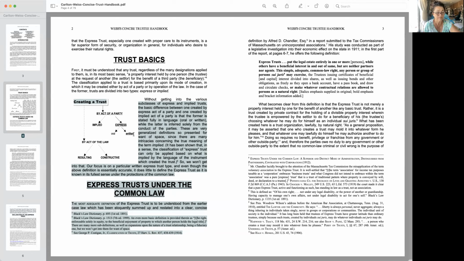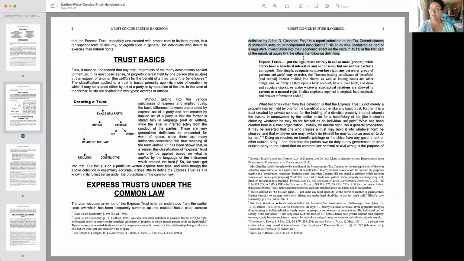The most adequate definition of the express trust is to be understood from the earlier case law, which has been eloquently summed up and restated into a clear, concise definition by Alfred D. Chandler, Esquire. That means he was a lawyer. In a report submitted to the tax commissioners of Massachusetts on unincorporated associations.